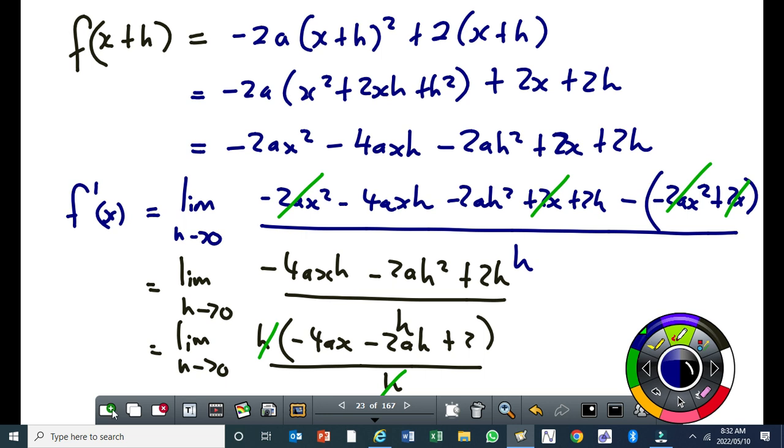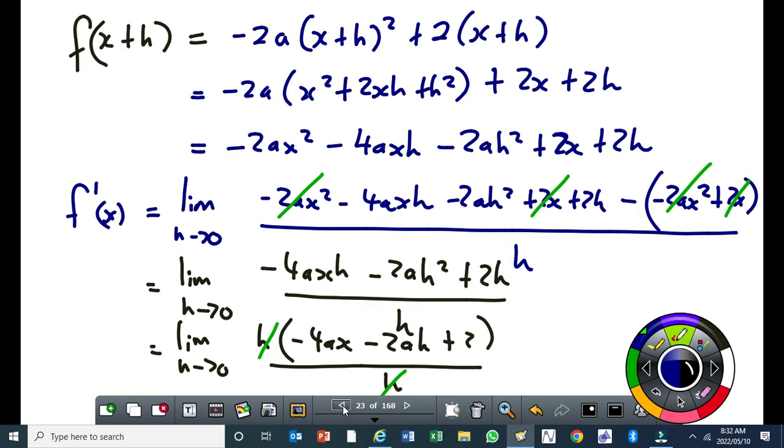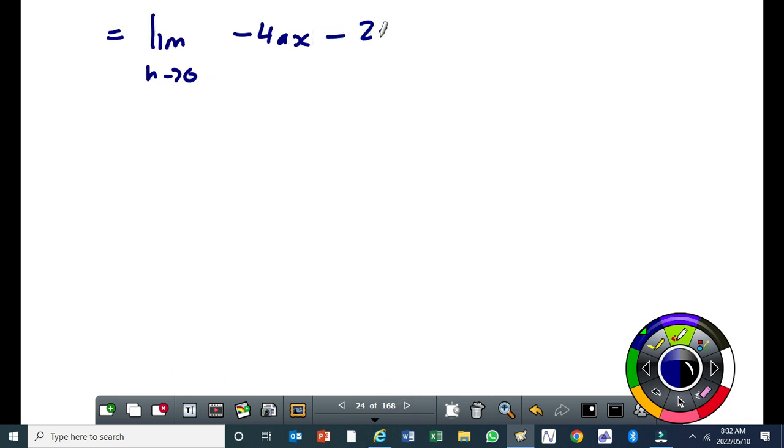Alright, so this is going to become equal to limit as h tends to 0 of minus 4ax minus 2ah plus 2.